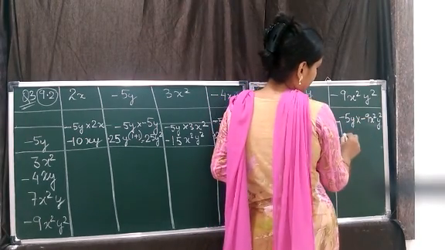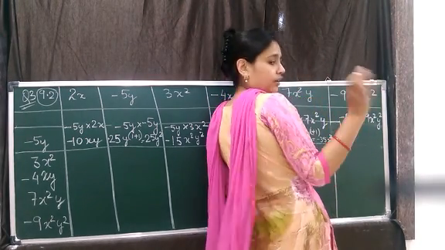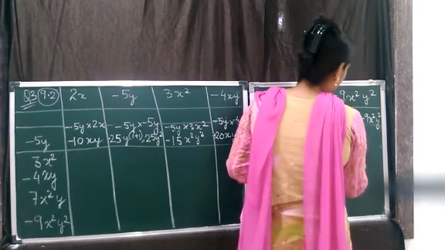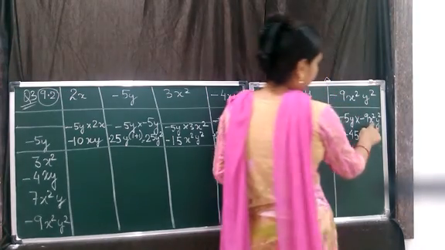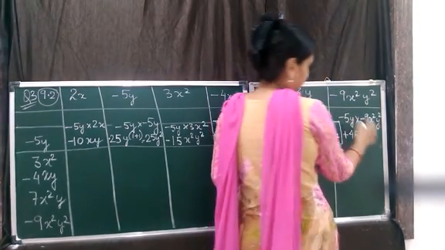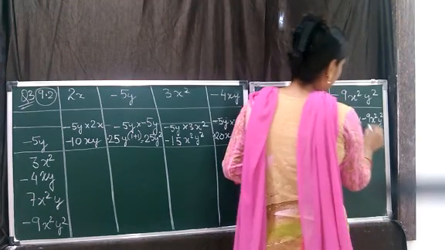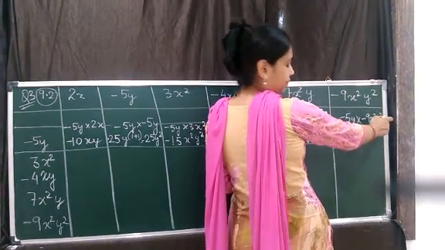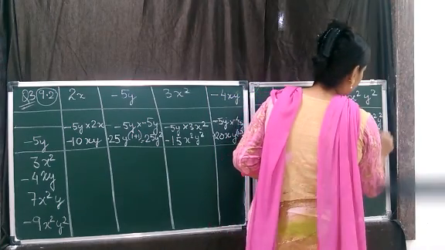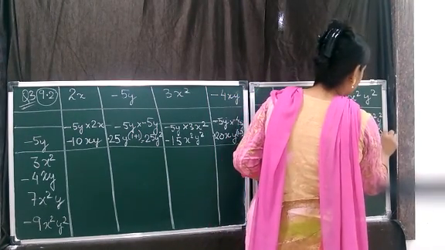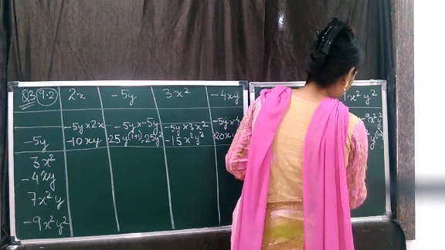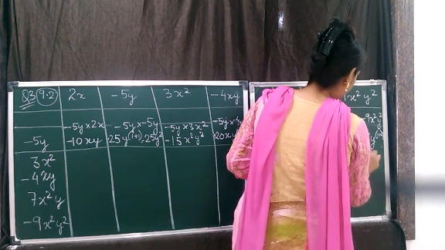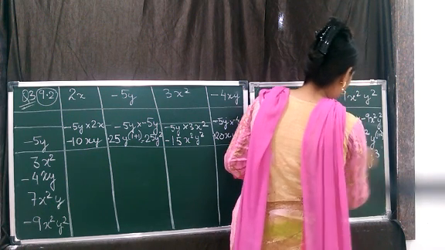Minus into minus is plus. If you don't write anything also it is understood. 5 9s is 45. X is alone, so x remains x square. And here the power of y is 1 and here the power of y is 2, so we are going to add 1 plus 2, children. So it will give us 45x square y cube.